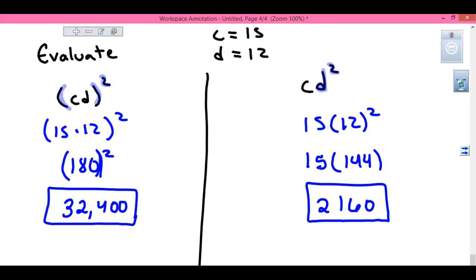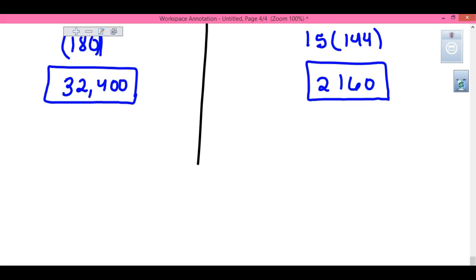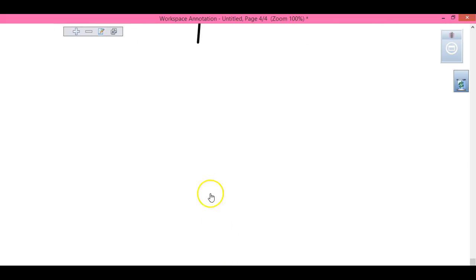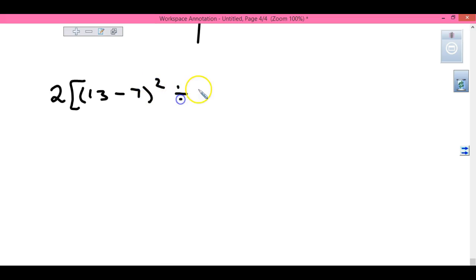Let's try another problem. Let's say you have 2 bracket parentheses 13 minus 7 squared divided by 3. Where would we start this problem? Parentheses.